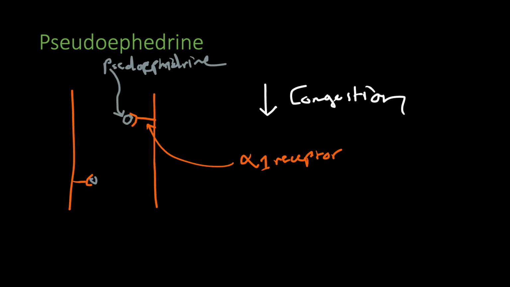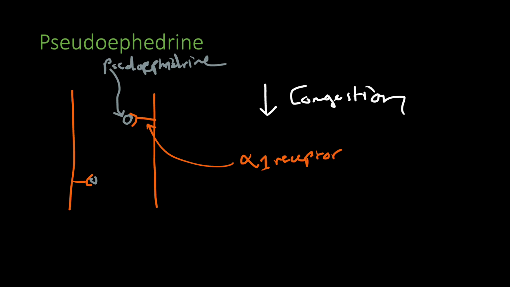Pseudoephedrine is also going to bind, but like I mentioned, it's mostly going to decrease congestion. That's because pseudoephedrine binds to the alpha 1 receptor, and the alpha 1 receptor is essentially going to cause more vasoconstriction. It's going to squeeze and prevent more of that blood flow to the nasal pathway.